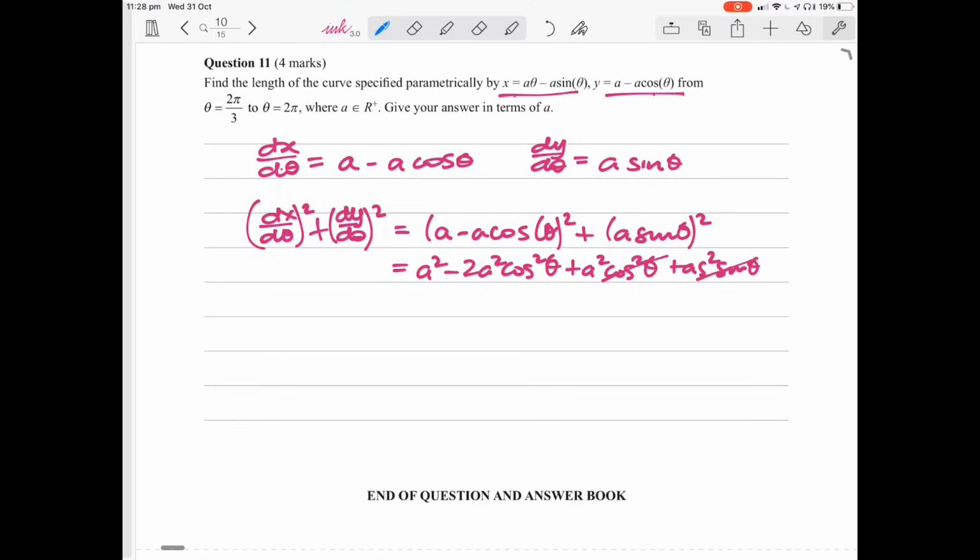So these two things, that's just going to leave us with a squared. Oh, sorry, I shouldn't do that. So equals a squared minus 2a squared cos theta plus a squared cos squared theta plus sine squared theta, which is just 1. So I get 2a squared, 1 minus cos theta.